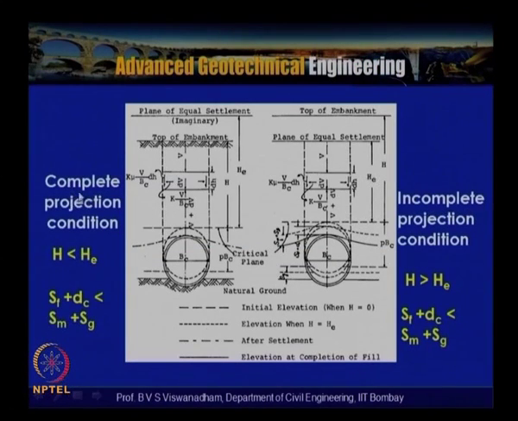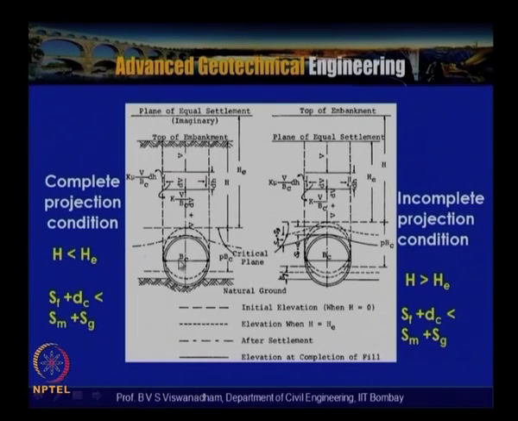So these conditions are shown once again here, wherein the complete projection condition, this is the embankment and this is the natural ground level, and the top of the conduit is above the natural ground surface.